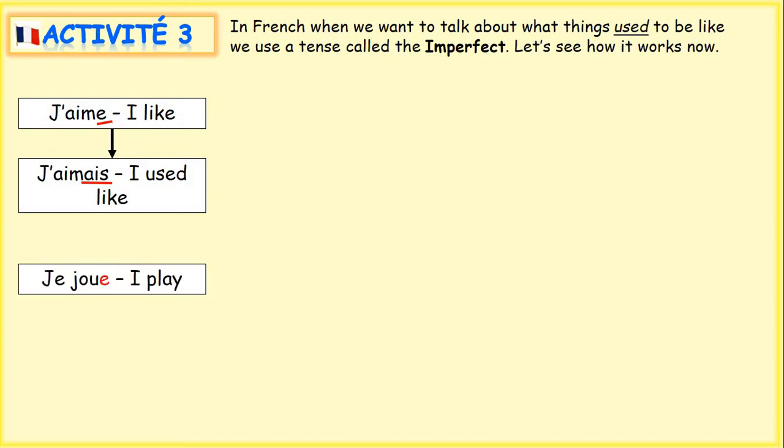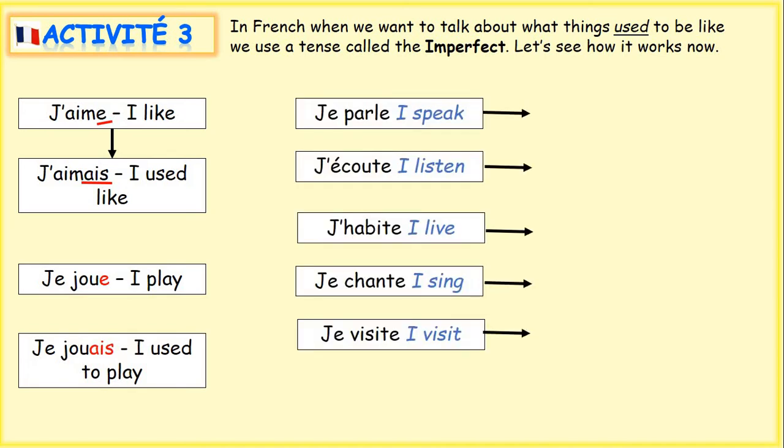So when we want to put a verb into the imperfect and say I used to do something, that's exactly what we do. Instead of saying I play, je joue, to make it I used to play, you take that E away and you add AIS. And then it becomes I used to play.